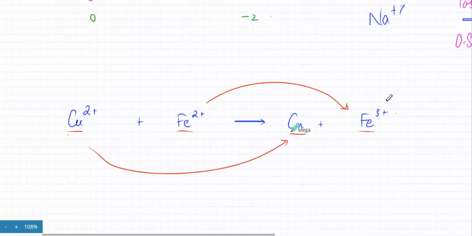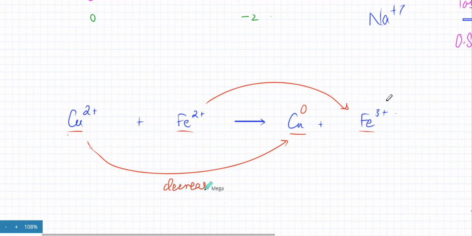Copper lost 2 electrons, and Fe gained 1. What's happening to the oxidation state of copper? It increases by 2. What's the oxidation state over here? It's 0, right? So it's decreasing. So it gained 2 electrons.